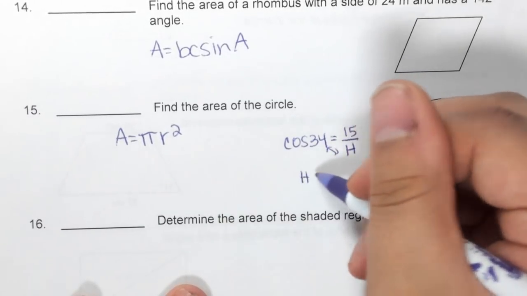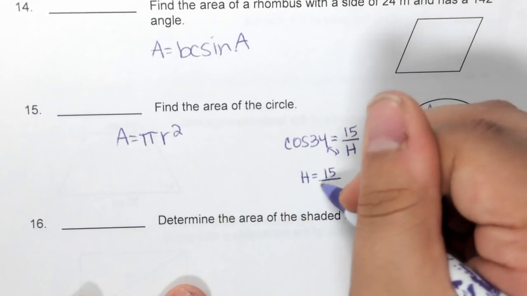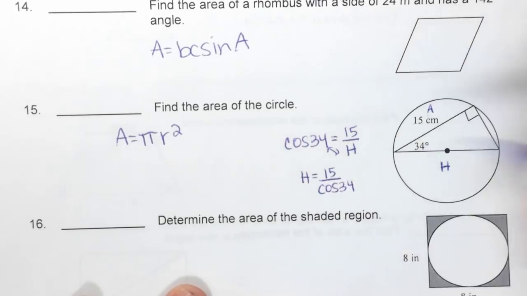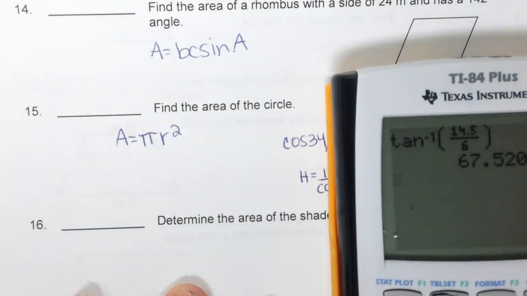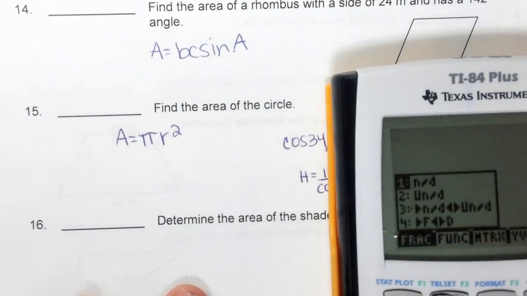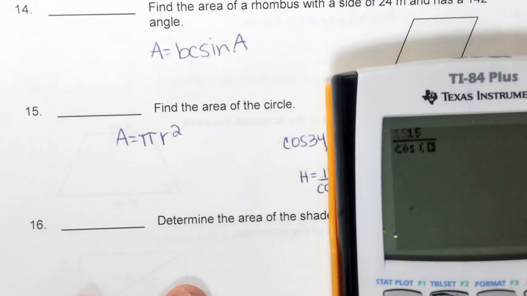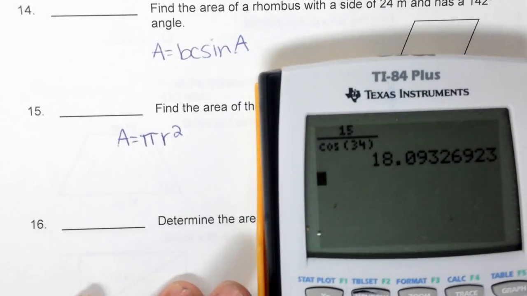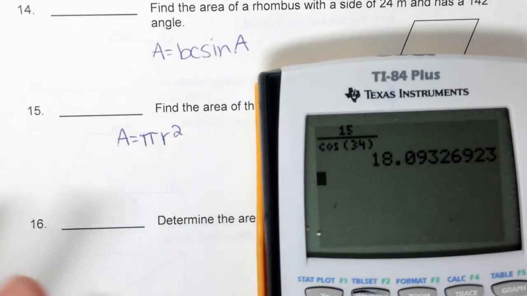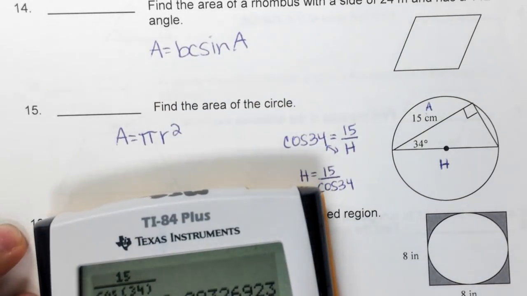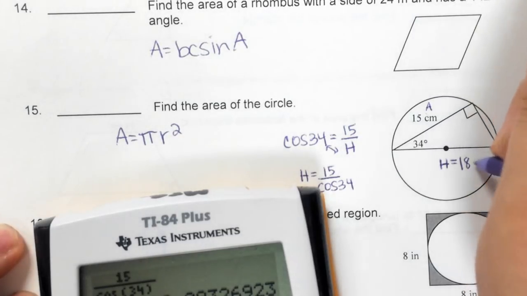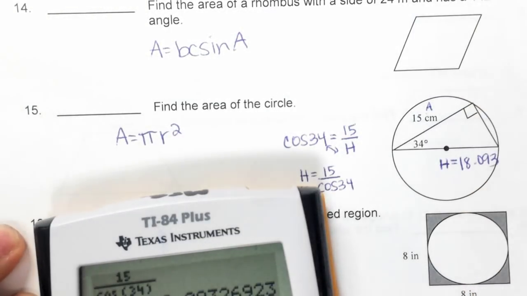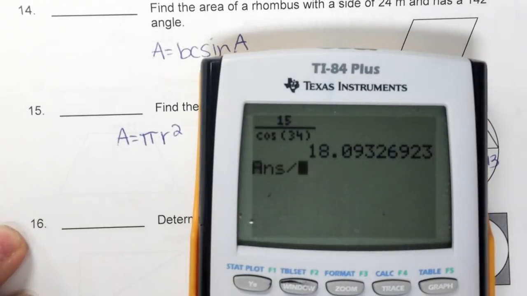And so I get h equals 15 over cosine of 34. Okay, so that is my radius. No, that's your diameter. How do I find my radius? Divide by 2.